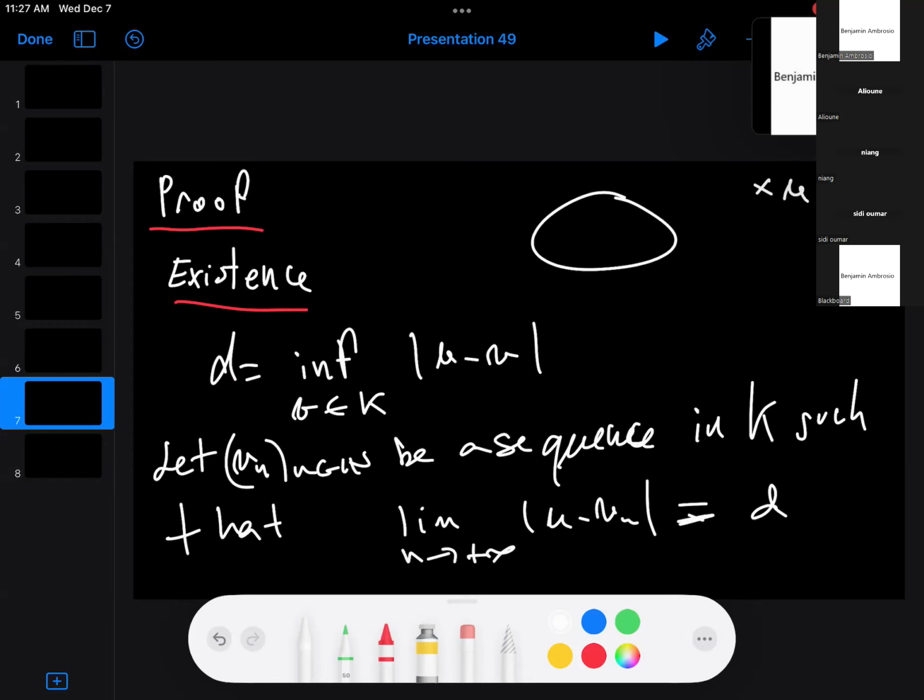I can always do that by definition of the infimum.